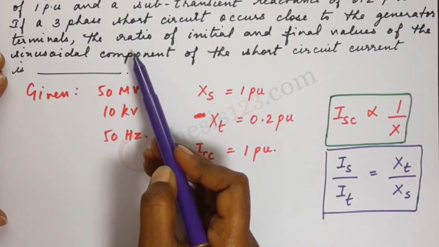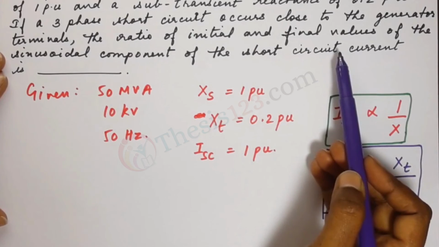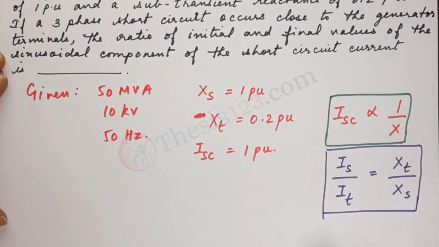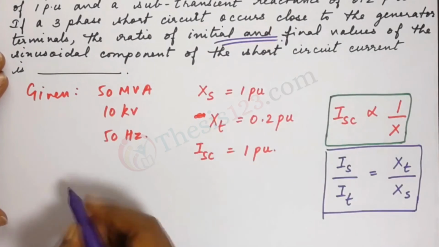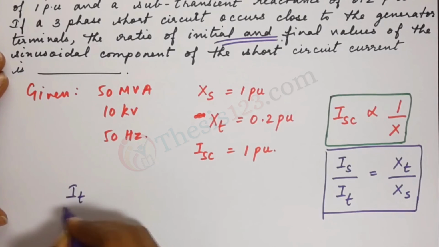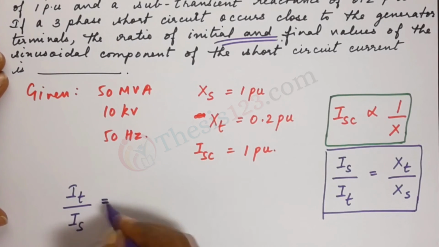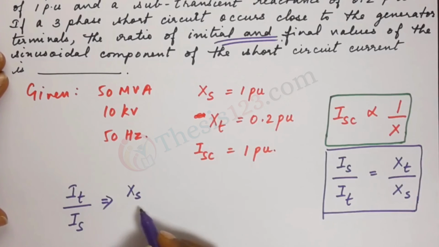Now we need the ratio of the initial to the final values of the sinusoidal component. Initial to final means we have been asked to write down IT by IS. In terms of the reactances given to us, that would be XS by XT.